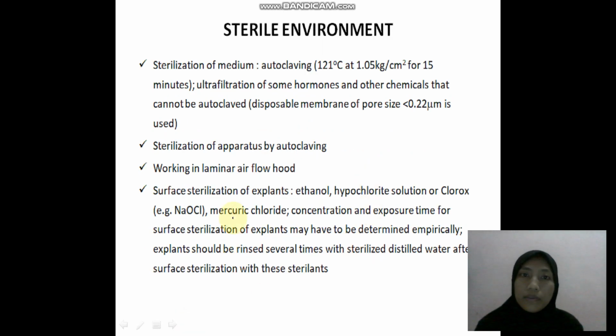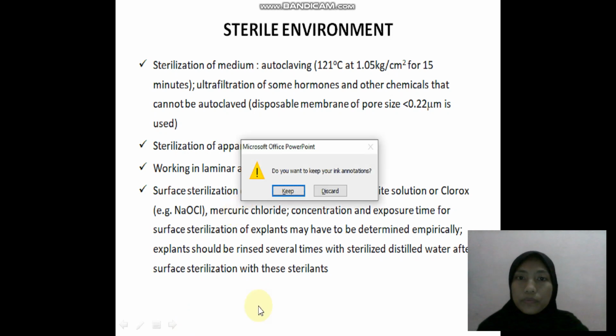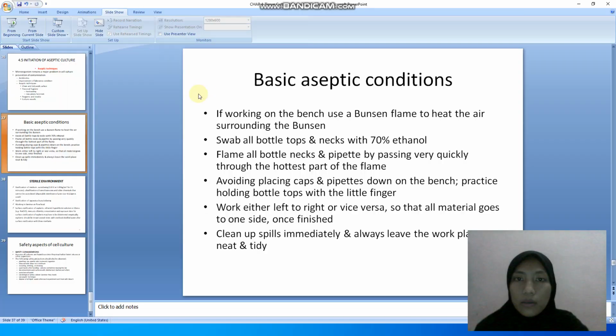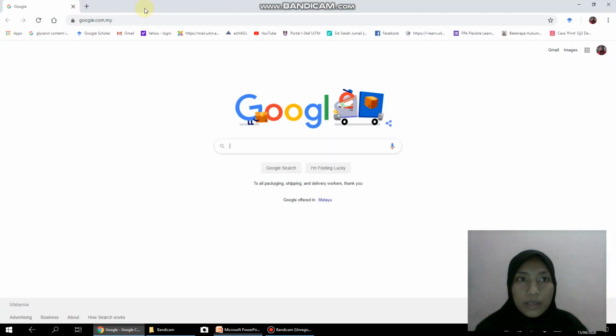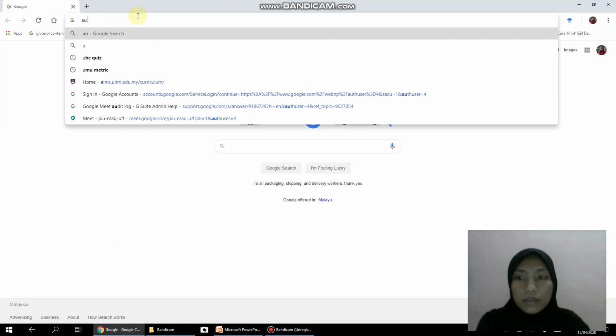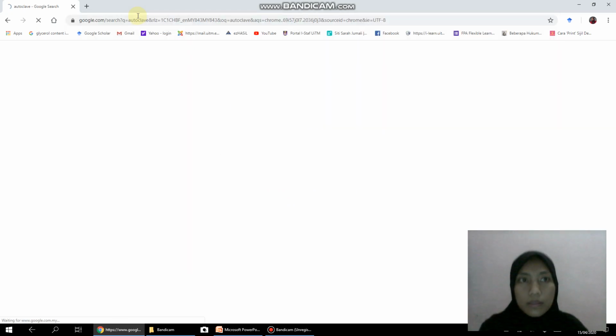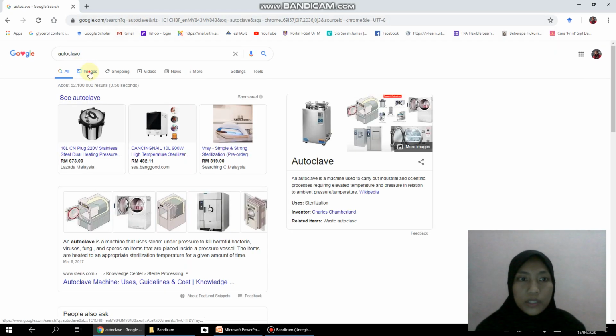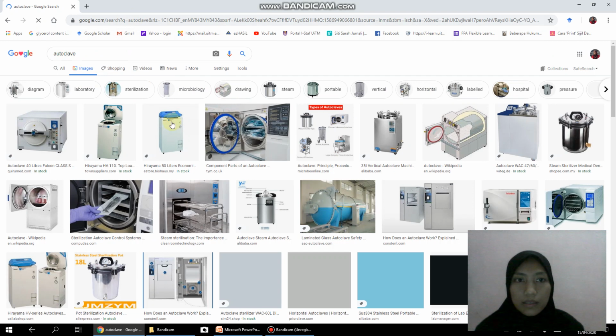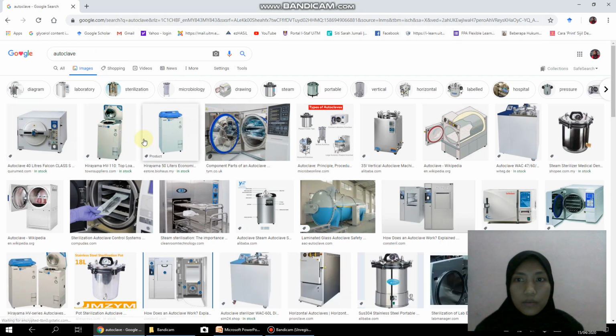For autoclave, there is a machine called an autoclave. I should show you. Okay, there is this machine. It looks like a washing machine.